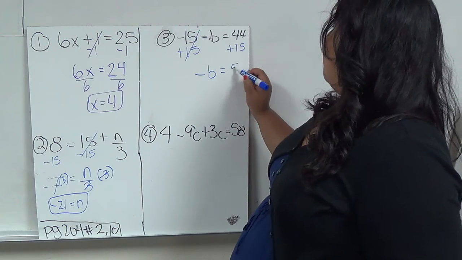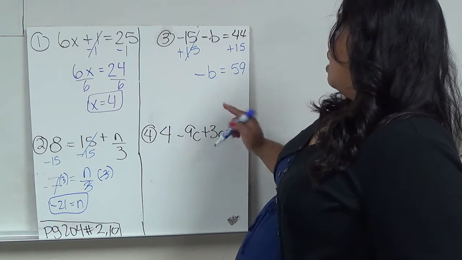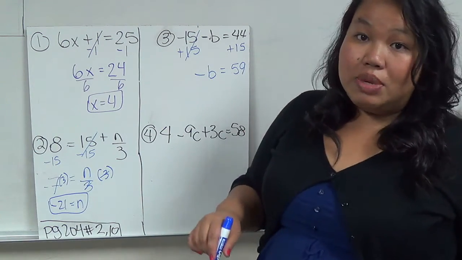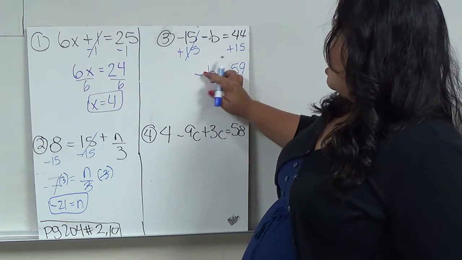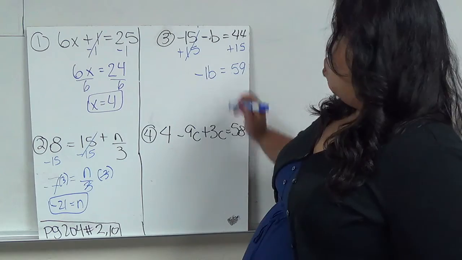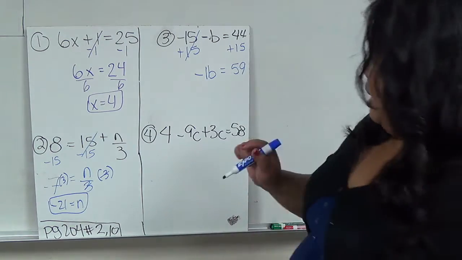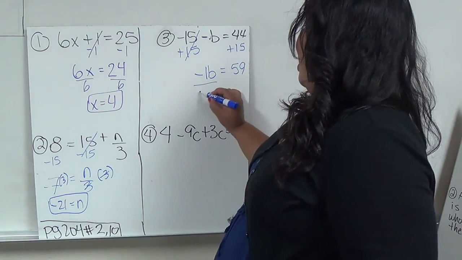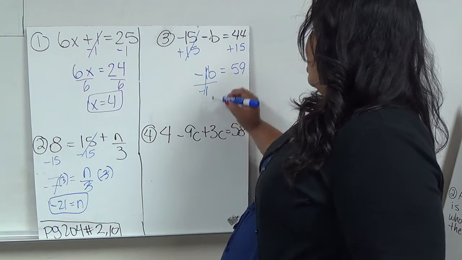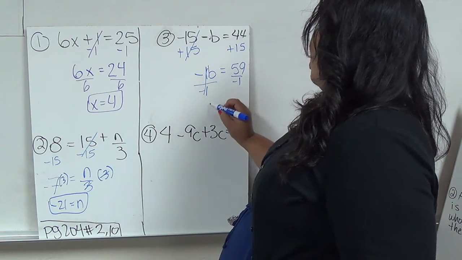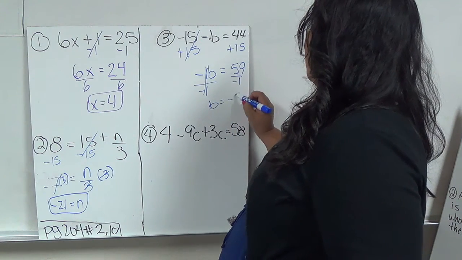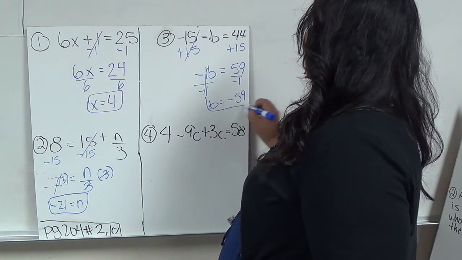I end up with 59. This negative can't be there because b is not isolated. Anything where there's no number in front of the letter, I'm going to assume it's a 1. So if it's being multiplied by negative 1, I just divide by negative 1. These cancel out, and I have to do it to the other side. So I end up with b equals negative 59.